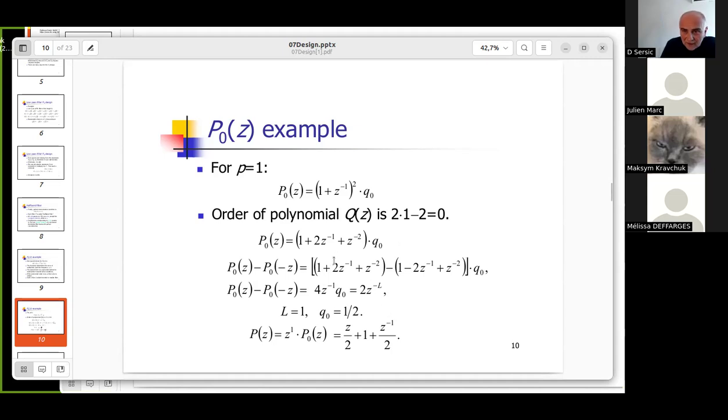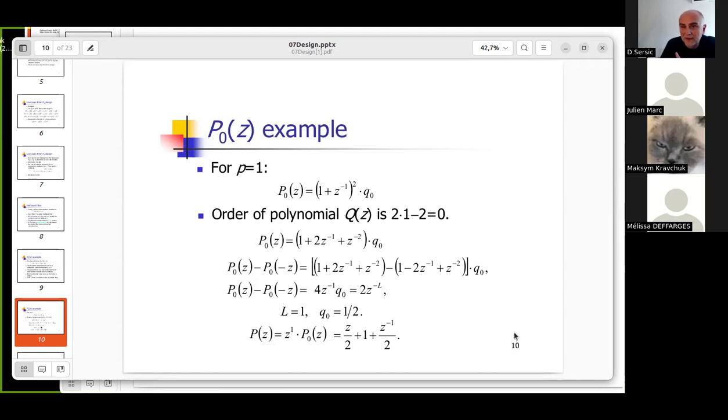We have a difference of the two. Most of the terms cancel out, only the middle term survives. It adds up to 4, so we have 4 z to the minus 1. On the right-hand side, we have 2.